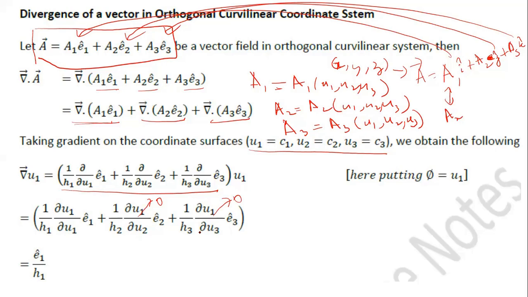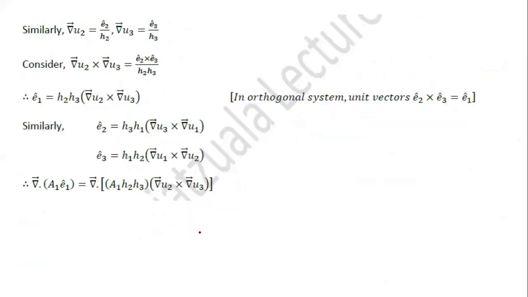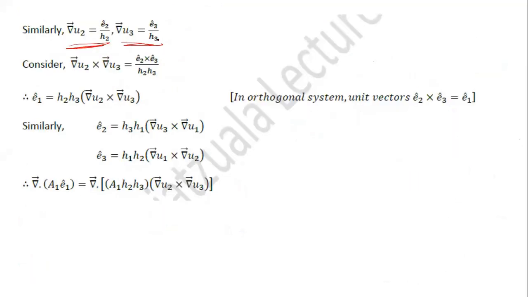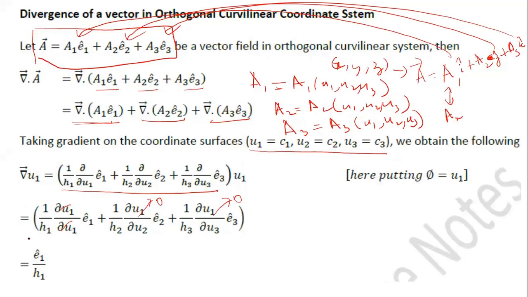And here, del U1 and del U1 will cancel out, giving 1. So E1 cap upon H1 will be grad of U1. Similarly, if you take gradient of U2, you will get E2 upon H2, and gradient of U3, you will get E3 upon H3, just like we are getting it here.